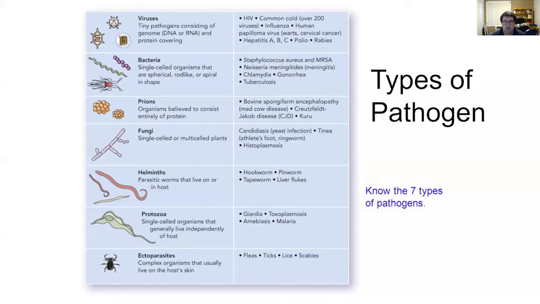Mad cow disease, or bovine spongiform encephalopathy, is a really common example that affects cows and other livestock, and causes a degenerative brain disease where it puts plaques on the neurons and has a number of really negative effects that are really similar to Alzheimer's. And there's believed to be some link between mad cow disease and Alzheimer's.